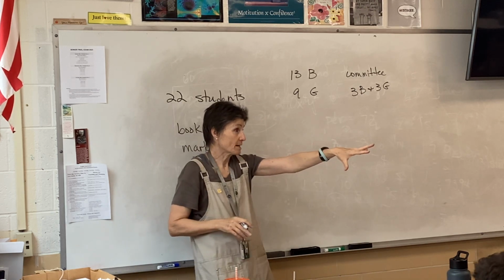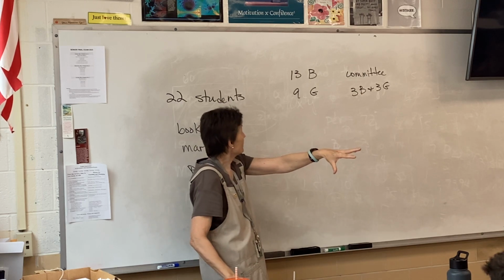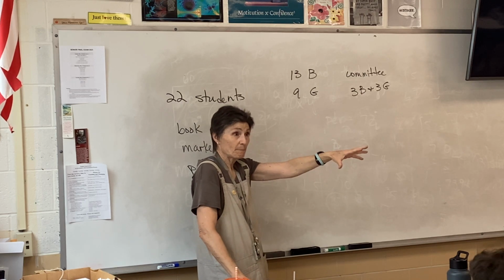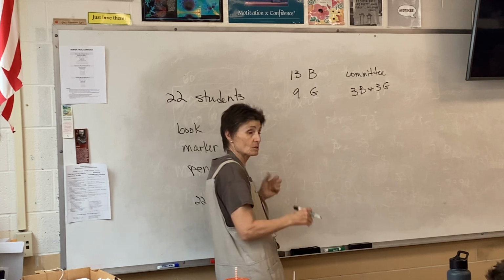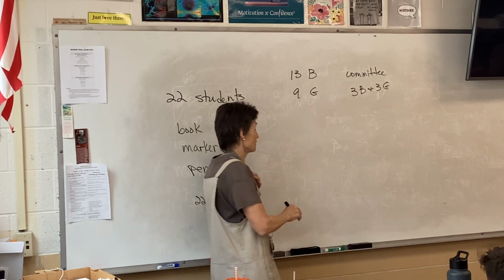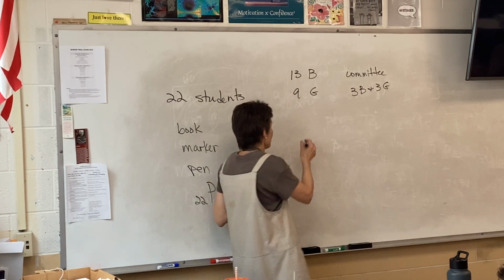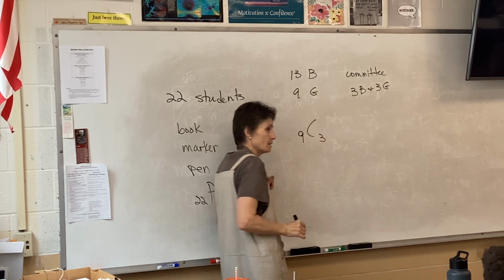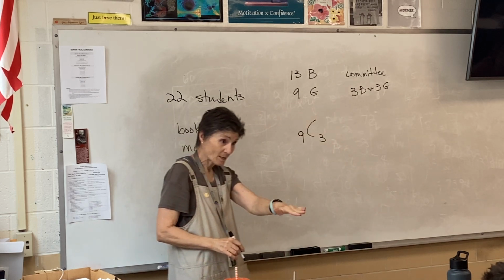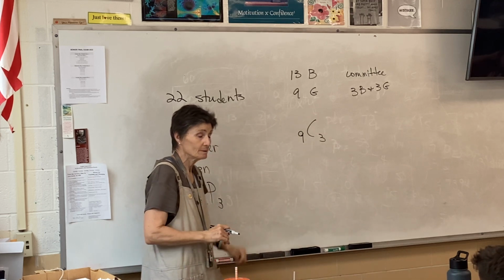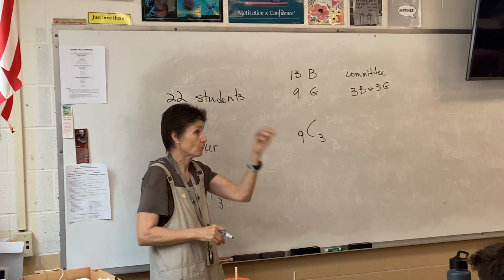Well, I put all my girls in a pile over there. There's 9 of them. And I have to pick how many? 3. Does order matter? It's a committee. No. 9C3. If I said I was picking my president and vice president, then it would matter. But not if it's a group.